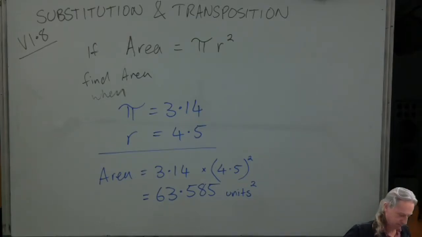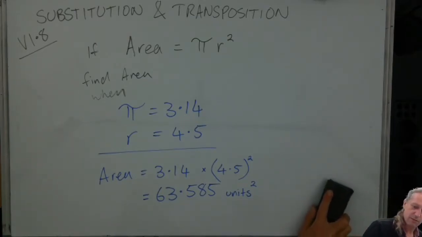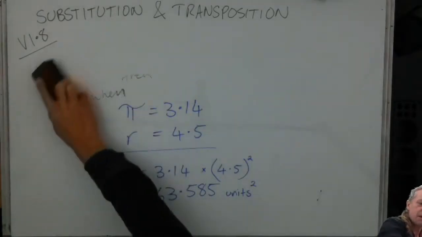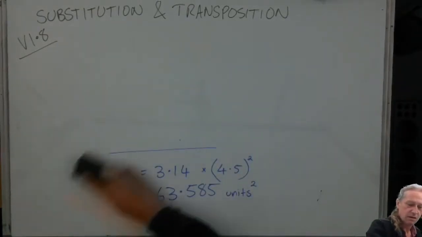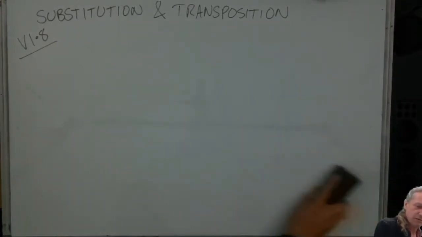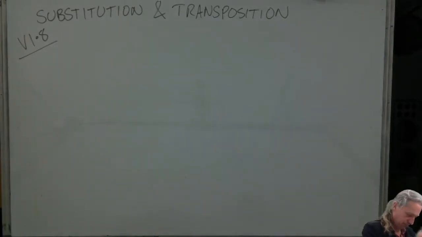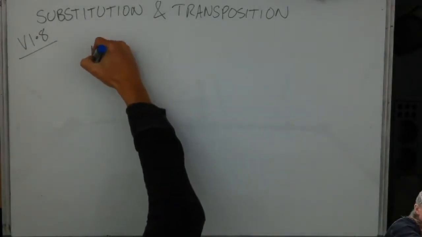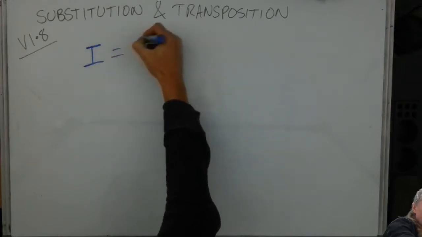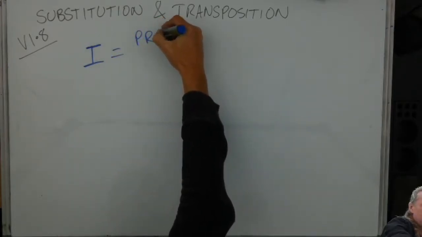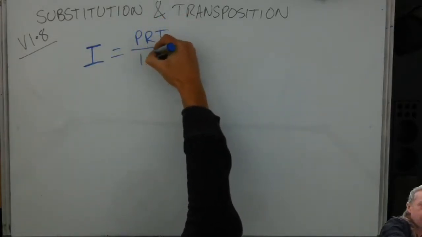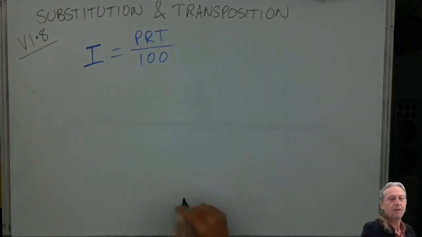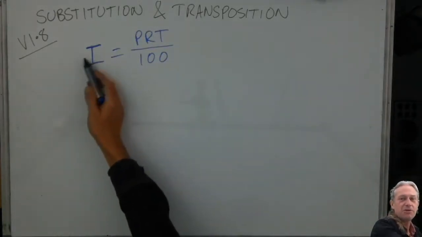The next one, I think we're going to recognize this formula: I equals PRT over 100, simple interest.